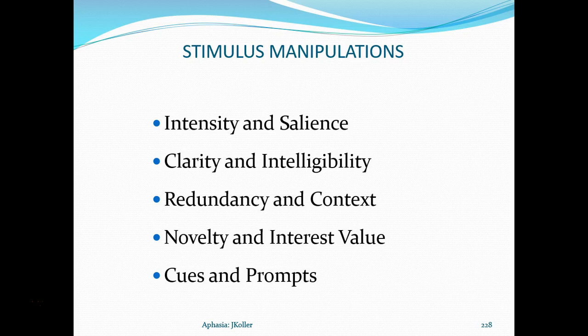What's redundant about it is that furry is more information than we need typically to be able to define or to describe or to identify a cat, right? And in fact, that's extra cues that some patients will benefit from.